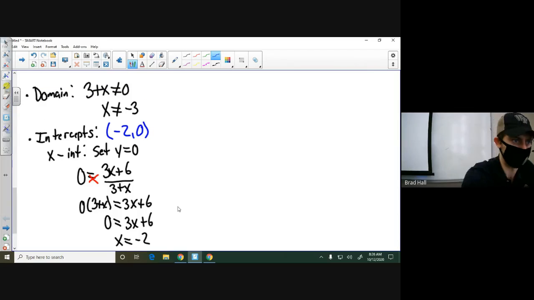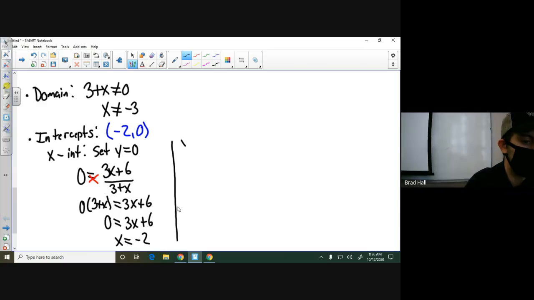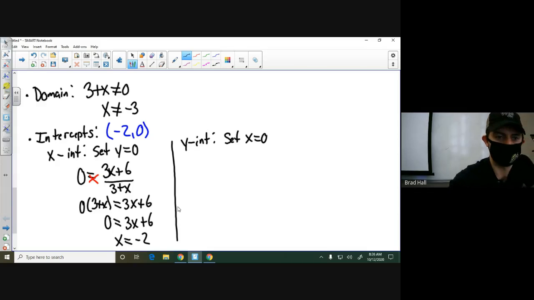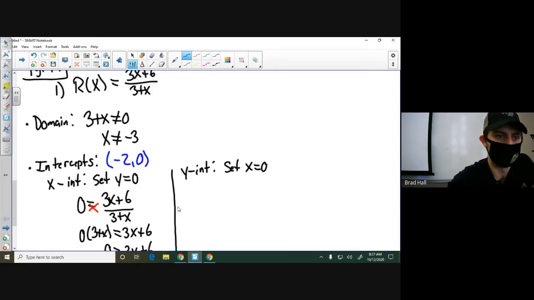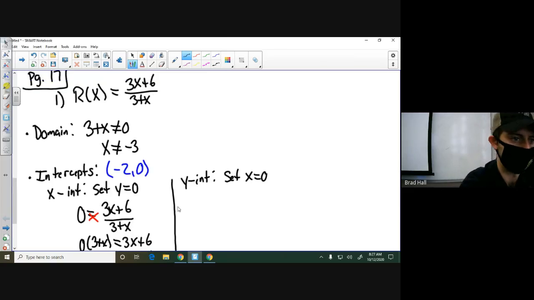And additionally, we can go ahead and determine the y-intercept. So this requires us to set all the x's equal to 0.